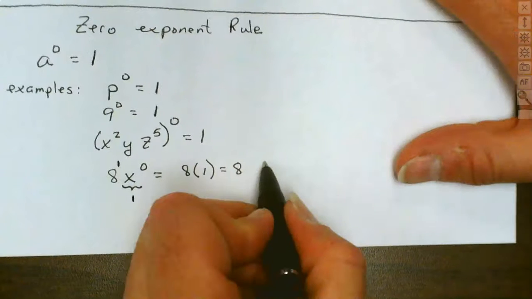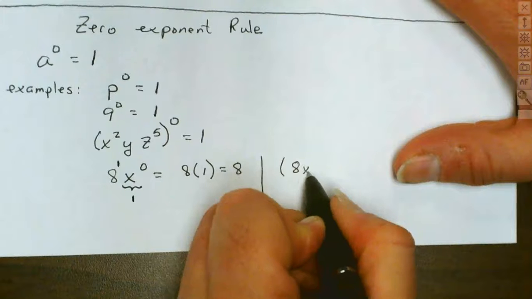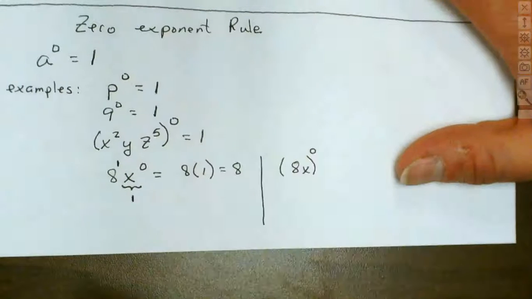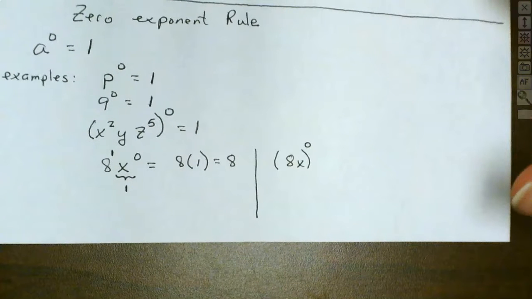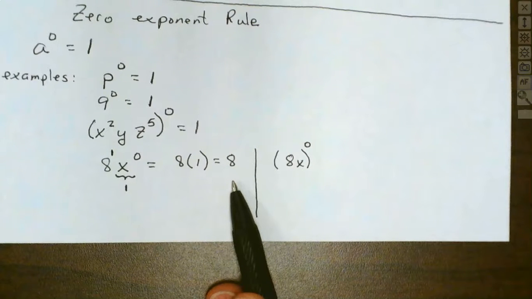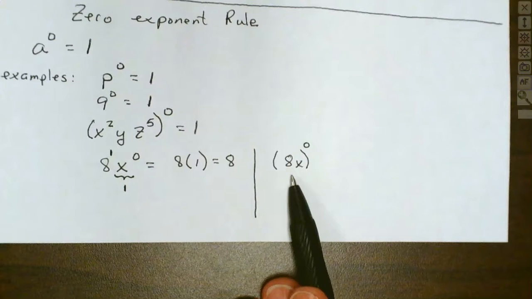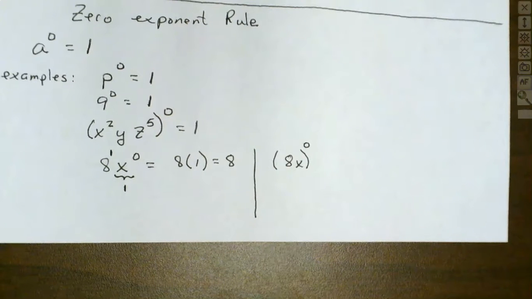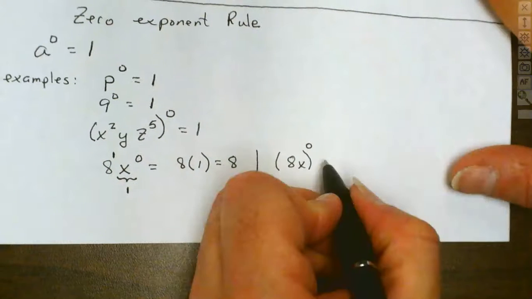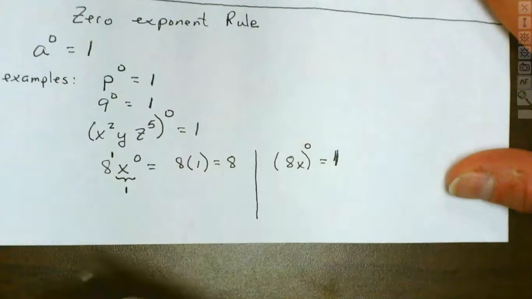Now, what is the difference between that one and this one? Now, this one on the left, this one came out to be 8, didn't it? Okay. What about this one on the right here? Well, this one has parentheses. So that means everything inside of there is being raised to the 0 power. And if it's all being raised to the 0 power, then that would come out to be 1.